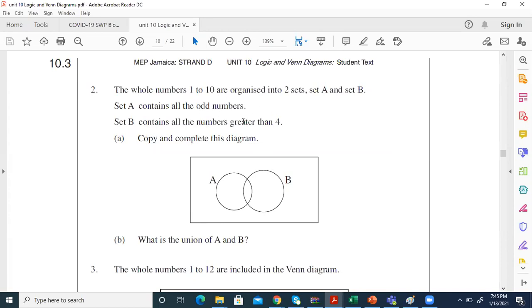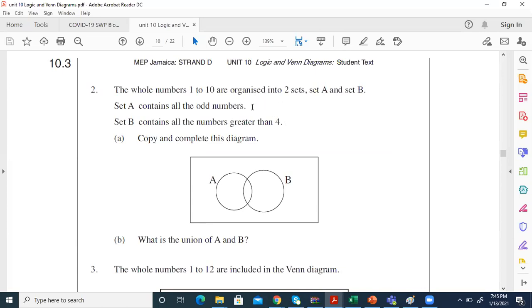Of course, you would have some odd numbers in set A overlapping with the numbers in set B. If you think about it, 5 is an odd number and 5 is greater than 4. 7 is an odd number and 7 is greater than 4.